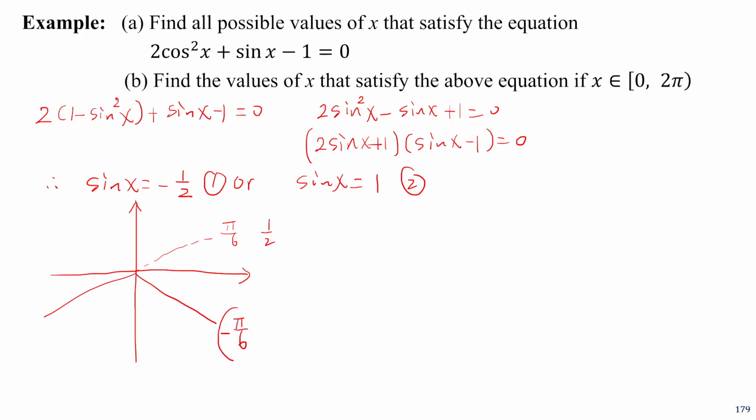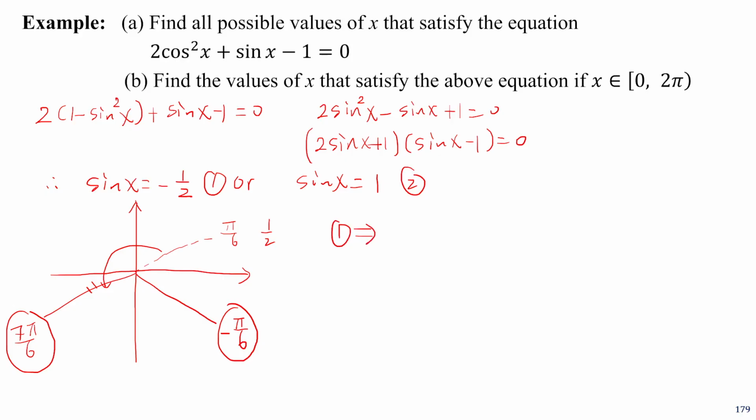We can find one angle there. And how do you find this angle here? So this angle is pi over 6 plus another pi. So we can express that angle as 7 pi over 6. So as long as you can find two angles, then basically that's it. So we can express all the angles by adding 2k pi.